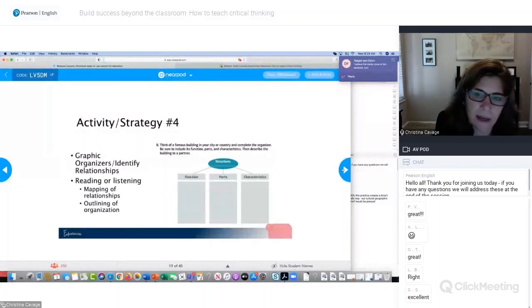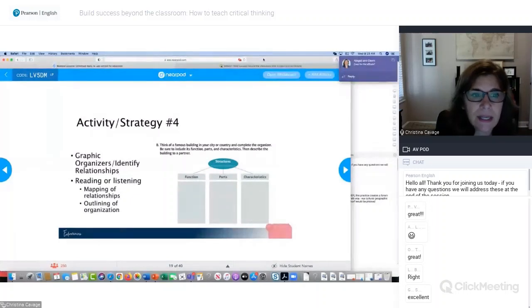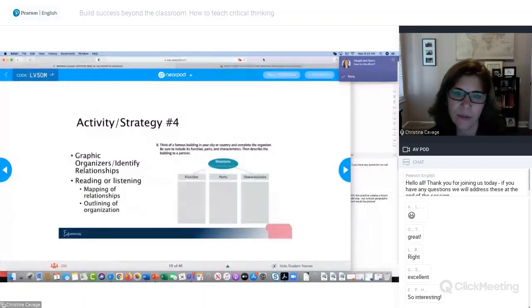This is just something that comes from University Success, and I think this one is our A2 level one. What we see here is that students have to listen to this about a famous building, and then they learn that when we talk about a famous building, we might talk about its function, its parts, its characteristics.